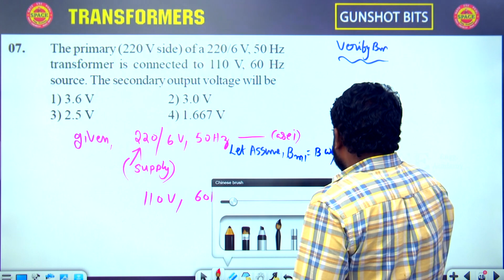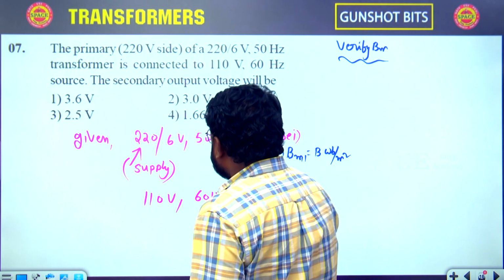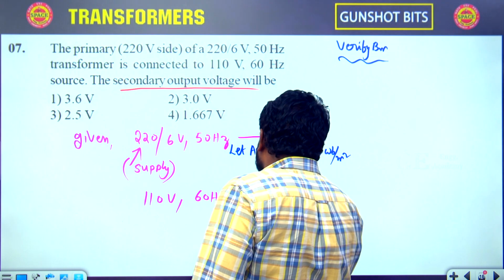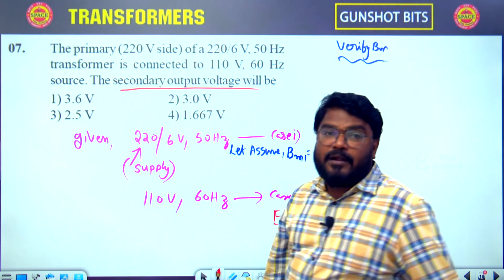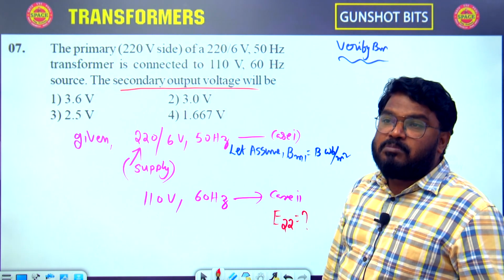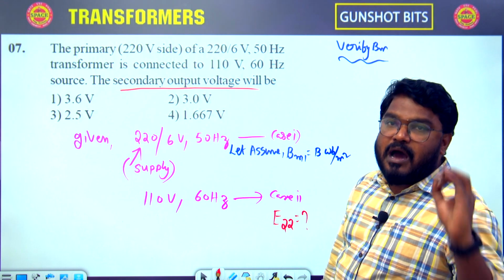Next, the secondary output voltage is required. If it were a primary output voltage, it would be very easy to find, but for the secondary output voltage we need to verify whether the flux density of the core is constant or variable.